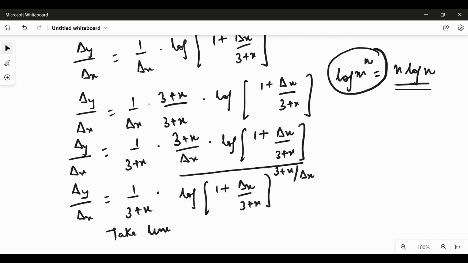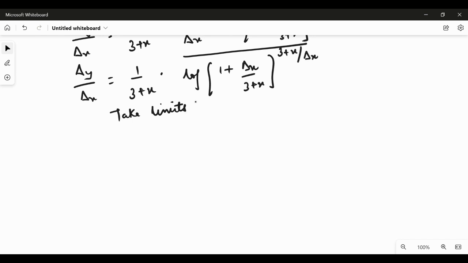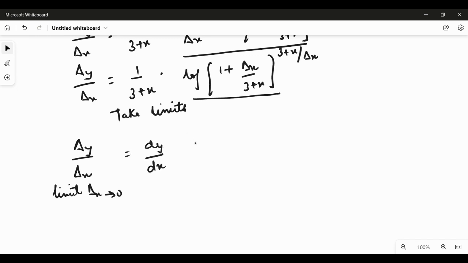Now take limits. If I take limits, meaning delta x approaches towards 0, it means the whole of this part will become 1 because the power will shift to 0. So limit delta x approaches towards 0, dy by dx is equal to 1 upon 3 plus x into 1, because if it is 0 then the power will shift to 0.